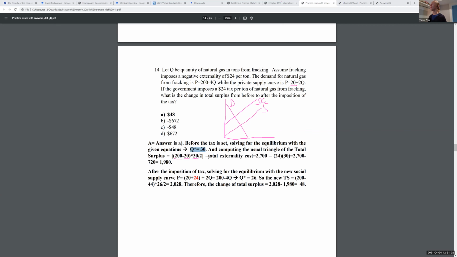Yes, with the one difference that for positive, you're actually adding the externality cost because it's a positive. Okay, thank you. Could you repeat that, Juliana? I said that total surplus equals total surplus minus total externality cost for negative externality, and then for positive, it's just plus the total externality cost. Okay, thank you. No problem.